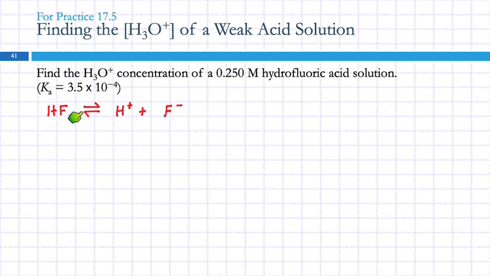Do we really have to have the state symbols here? No. Do we have to write H3O plus and H2O over there? No. We can understand that we mean H3O plus here. If you want to write the whole thing out, that's fine as well.